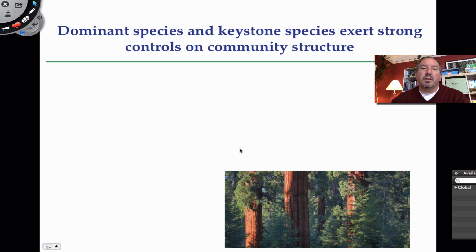One of the things that I mentioned at the beginning of the video, that's kind of an extension of this conversation, these two things are really linked, is I want to bring up the idea of dominant species and keystone species, and these particular species play really important regulatory effects on the whole community structure, meaning the biodiversity of the community.